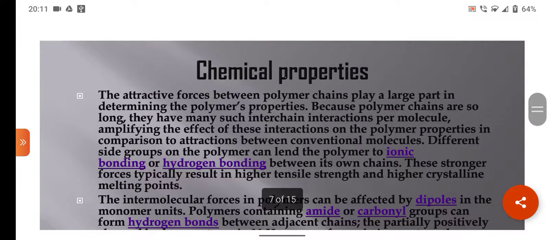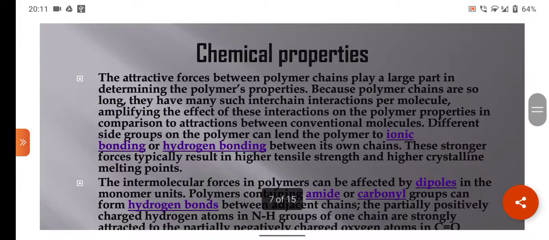Chemical properties. The attractive forces between polymer chains play a large part in determining the polymer's properties because polymer chains are so long. They have many such interchain interactions per molecule, in comparison to attractions between conventional molecules.